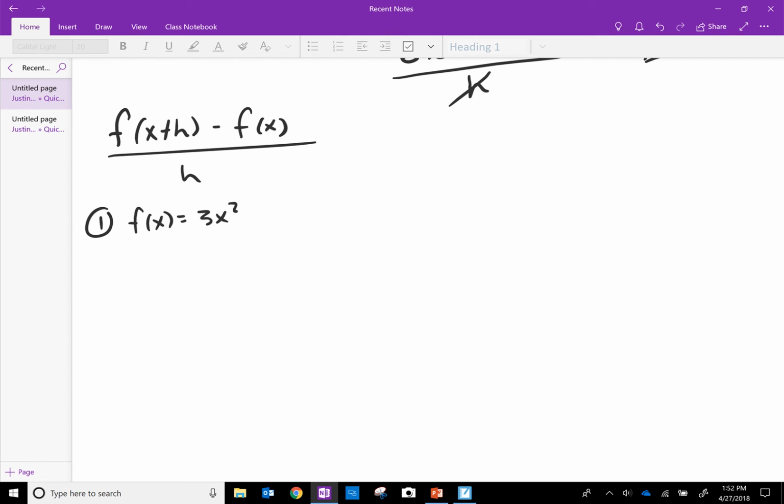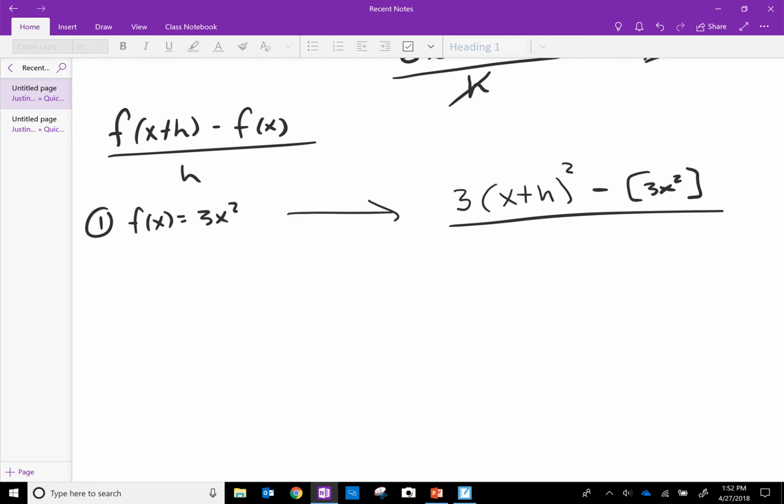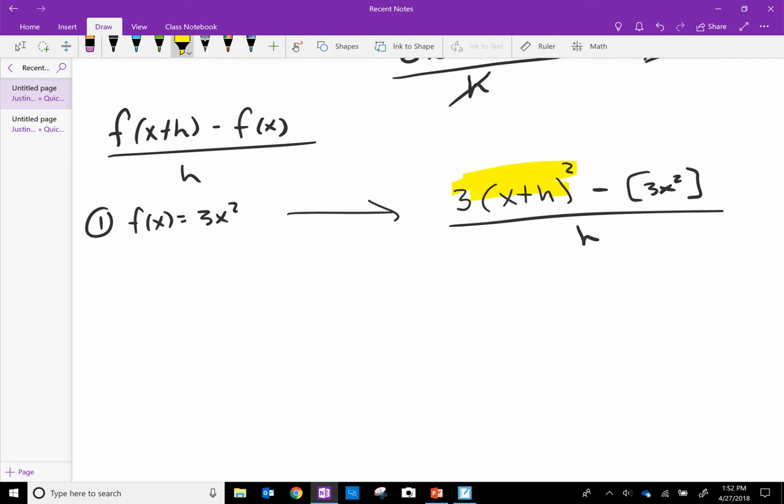So the difference quotient therefore would be 3 times (x plus h) squared minus 3x squared all over h. So in order to simplify this, we have to expand this correctly.